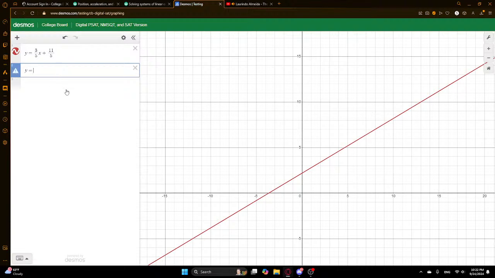Y equals negative 6 over 2x plus 26 over 2.